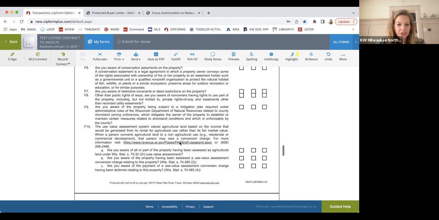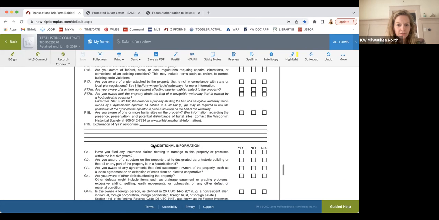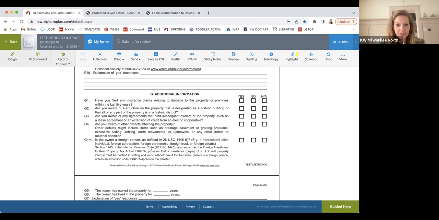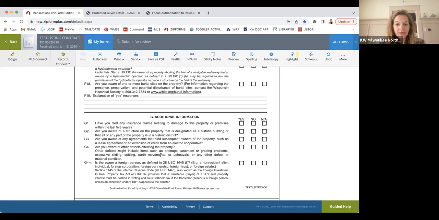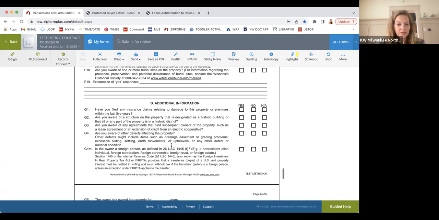So that title questionnaire, a lot of that stuff is covered here. And then any additional information. So filed any insurance claims, aware of the structure on the property that is designated as historic, just additional, kind of property related, but not like physical issues with the property.